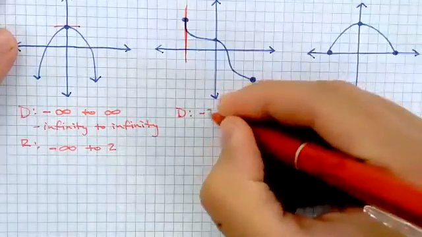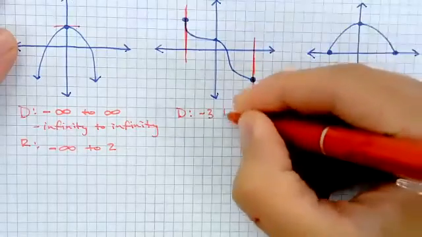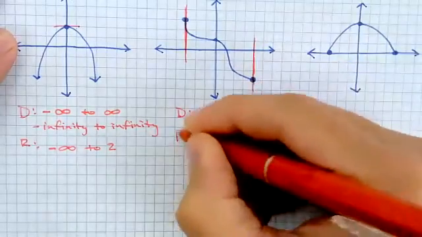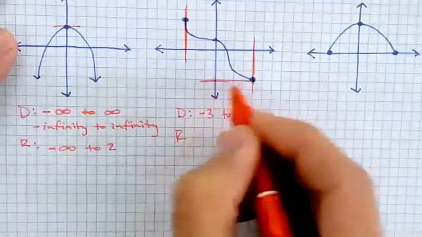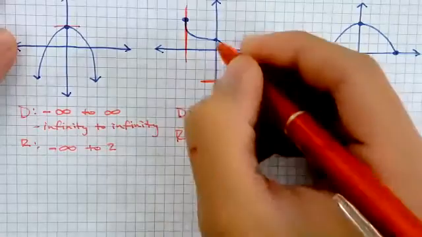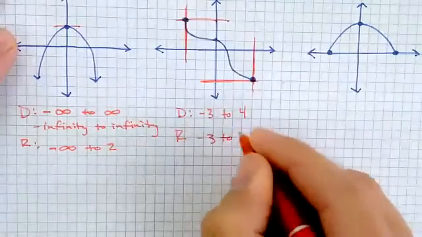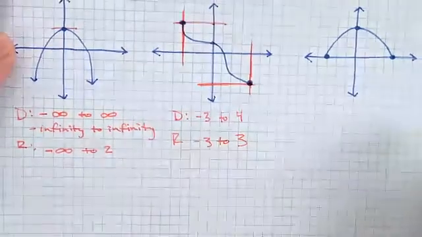Furthest value to the right, 4. Range, my lowest value, -3. Highest value, 3. So my range would be -3 to 3.